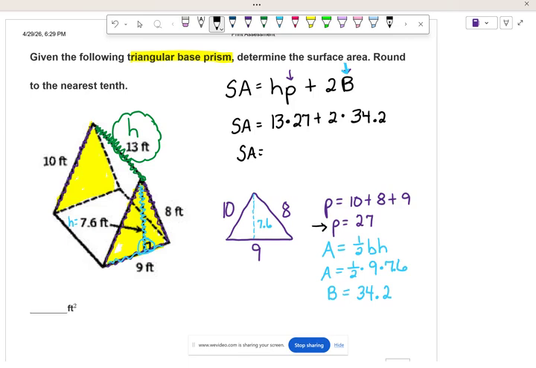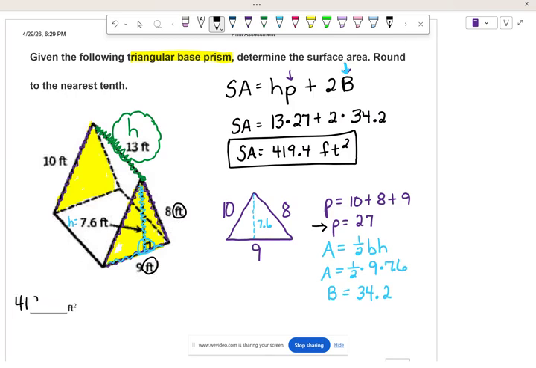And when I typed all of that in, I got that the surface area was 419.4. We were measuring in feet. This is area, so that would be feet squared. If we had to fill in the blank, the feet squared is already there. We would just have to type in 419.4.